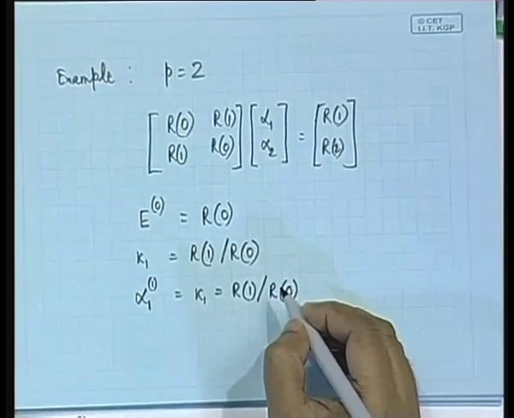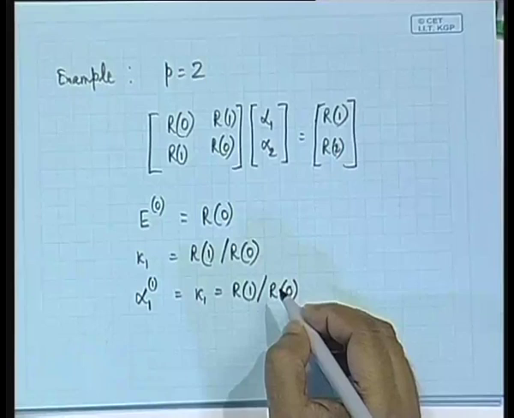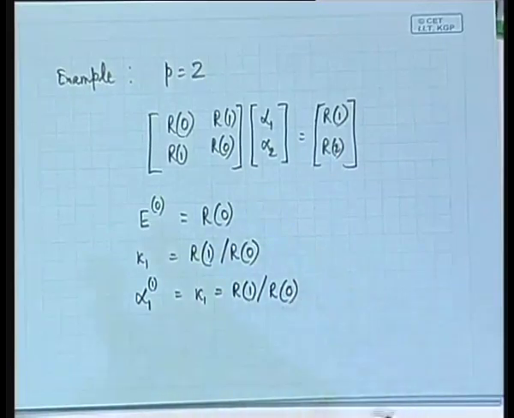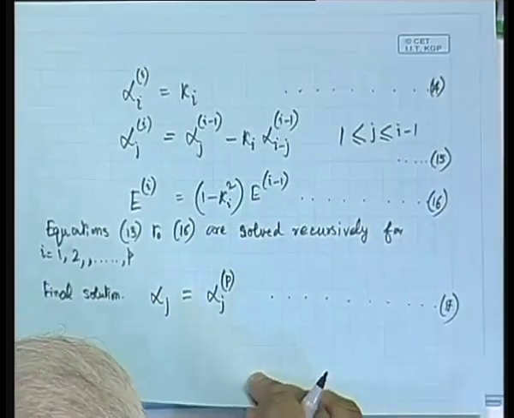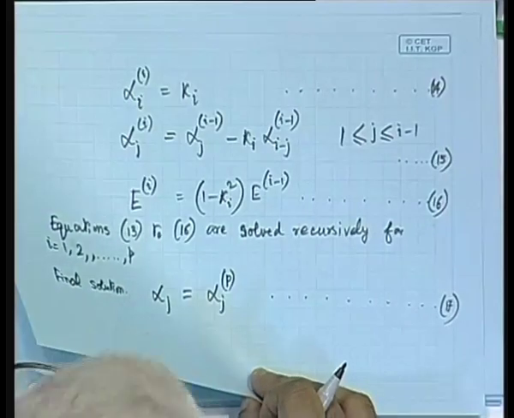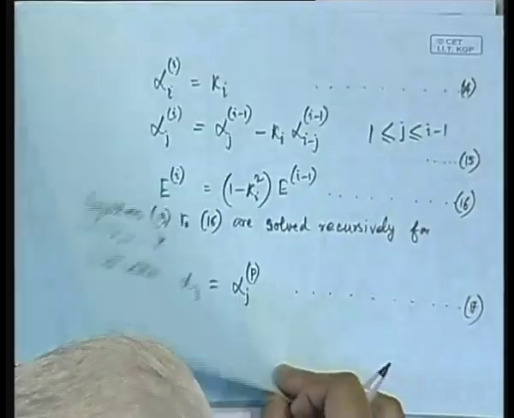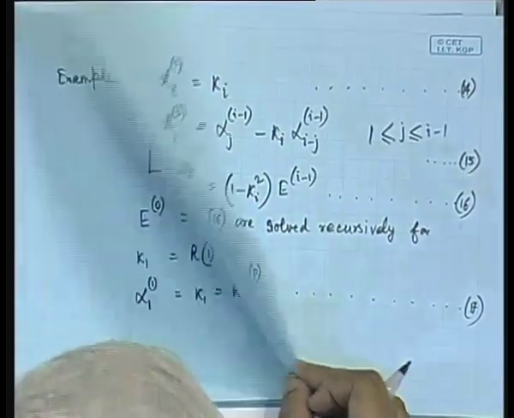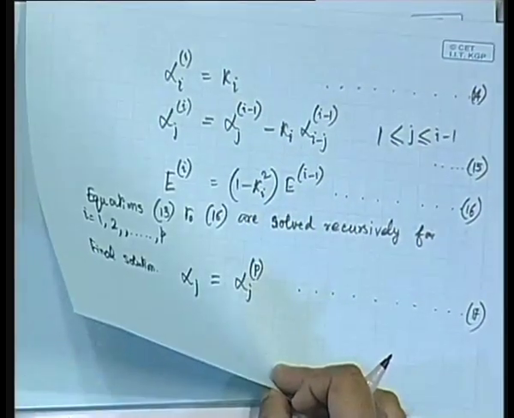So, now what about the alpha j's? Because j varies. Look at equation 15. Equation 15 says that j varies from 1 to I minus 1. So, in this case, what is our I? I is equal to 1.